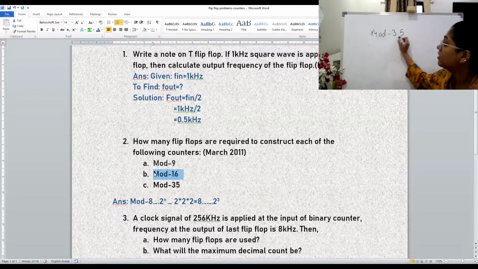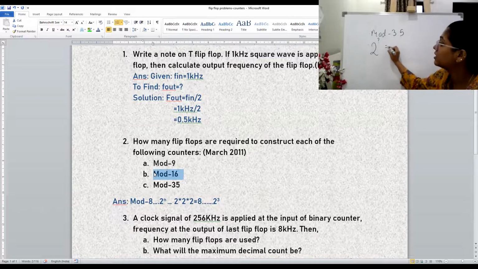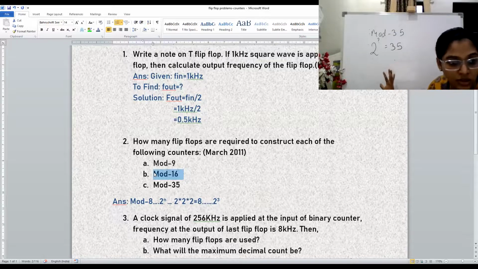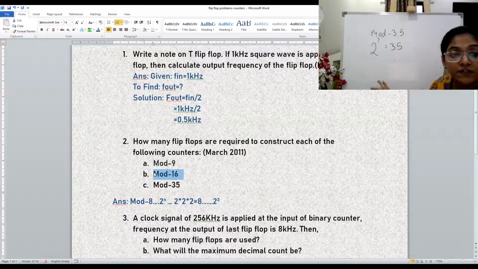mod 35। 2 raised to कौन सा नंबर देने से मुझे 35 के आजू बाजू वाला नंबर मिलेगा? 2 raised to 4 आपको पता है 16 है, तो 16 तो नहीं होगा। नेक्स्ट, 2 raised to 5 क्या होता है?